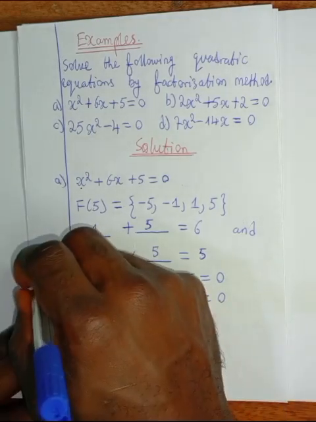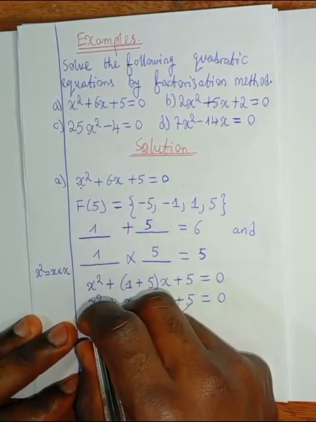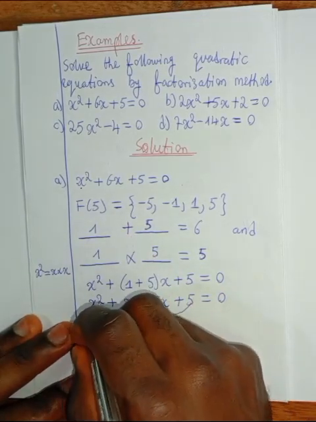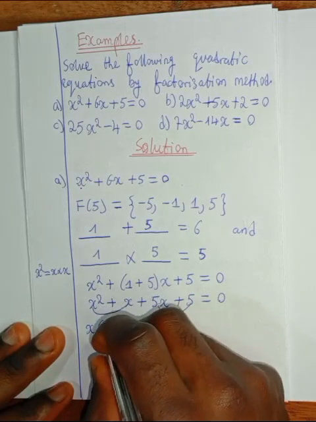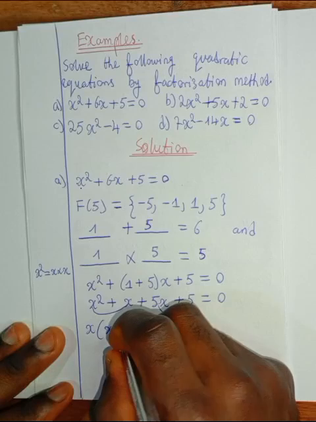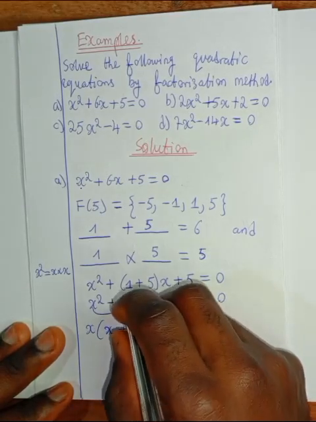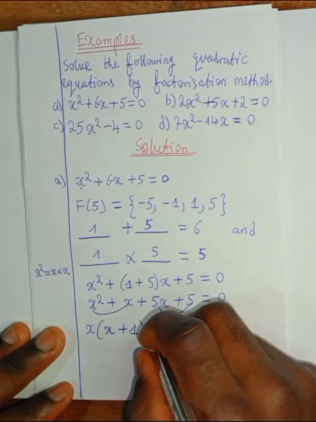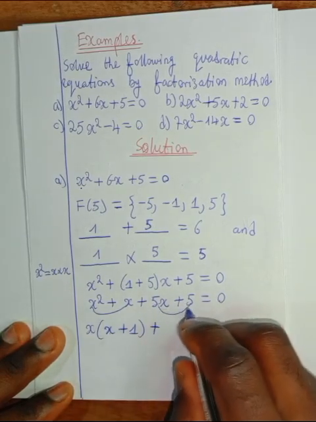Here we are going to factor out what's common. We know that x squared is equal to x times x. So here with x is common, we are going to factor out x. X times x will give us x squared plus, we know x times 1 remains x plus, we go now to the next pair of terms.